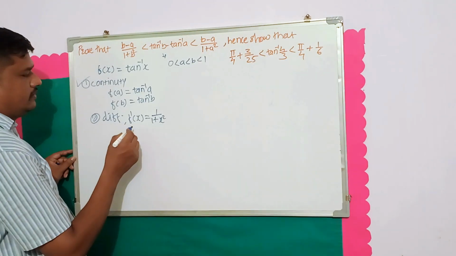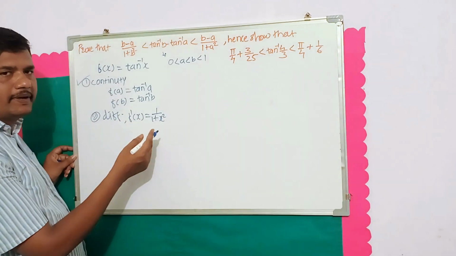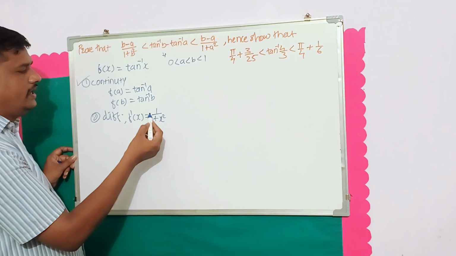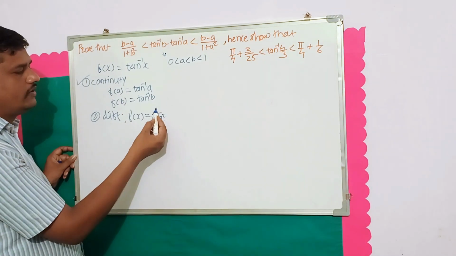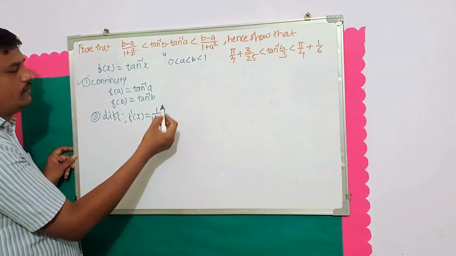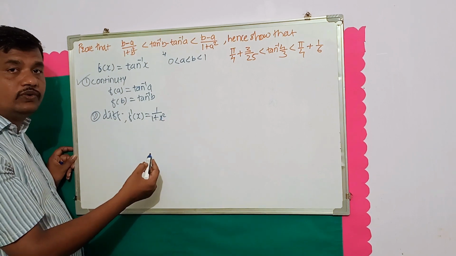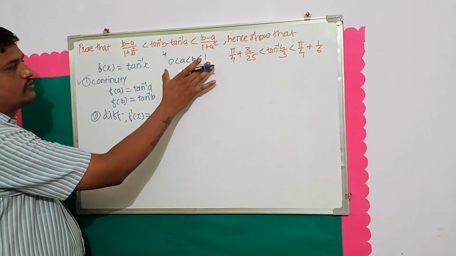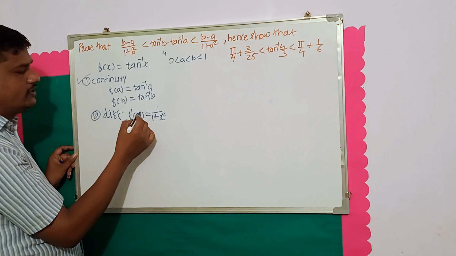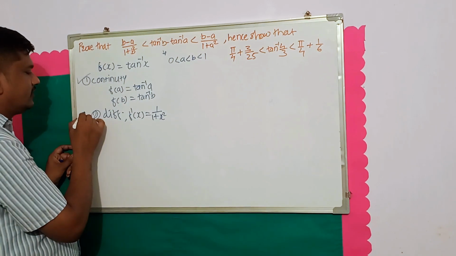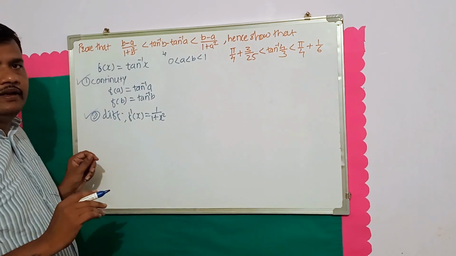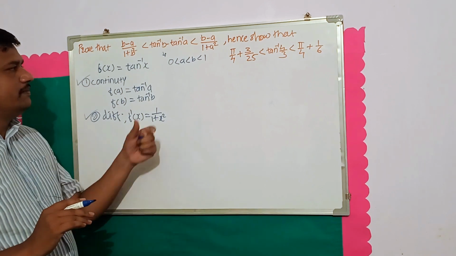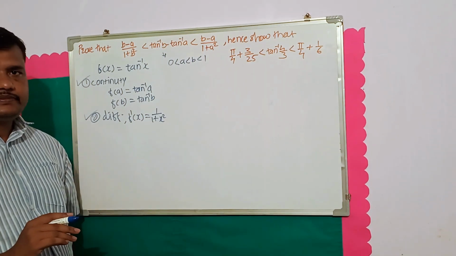This derivative exists for any number. If I put 0 here, it will be 1 upon 1. If I put 1 here, it will be 1 upon 2. So for these two extreme numbers the f dash of x value exists. That's why we can say the given function is also differentiable within a comma b.